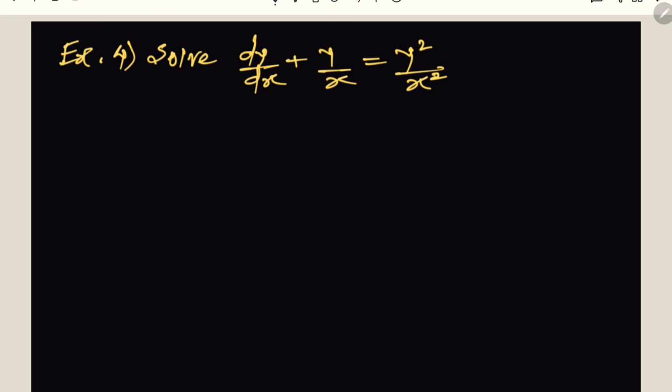Example number 4: solve the differential equation dy by dx plus y by x is equal to y square divided by x square. We call the given equation equation number 1.